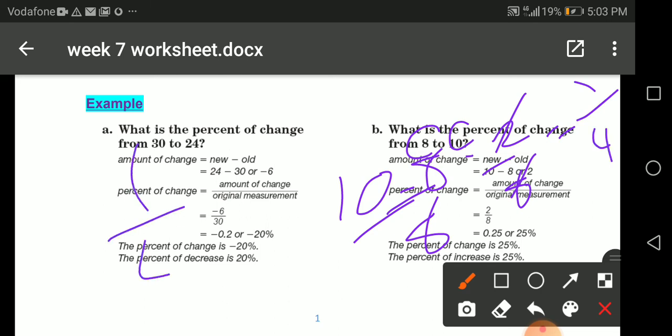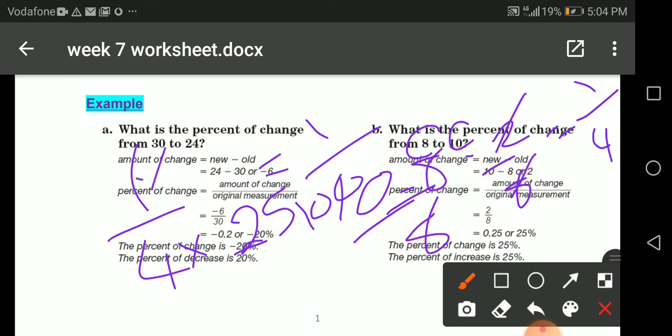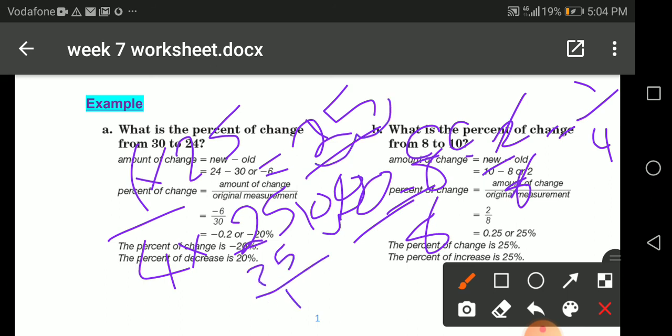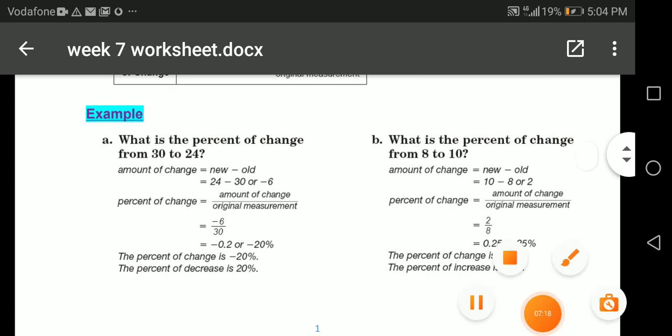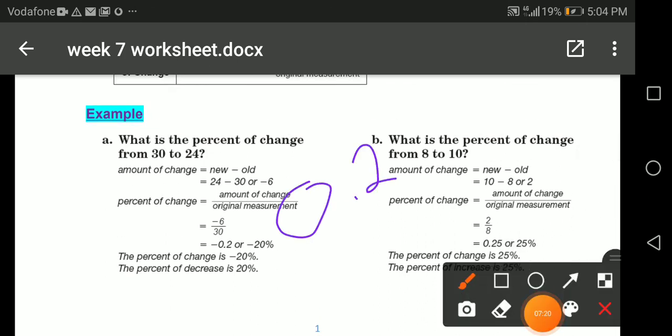What should I do with the 4 down here? I want it to be 100, right? So 4 times what gives me 100? 25. So we've got 25 over 100, which is 0.25.